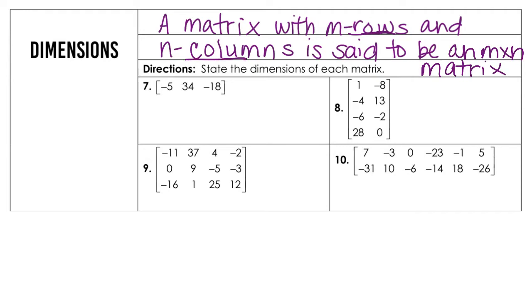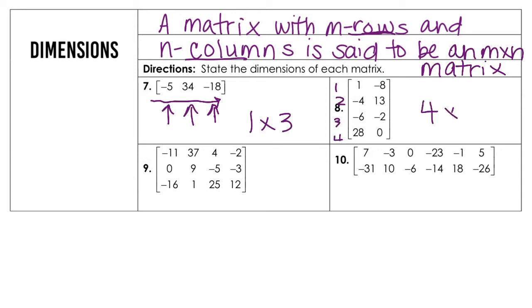So for number 7, they want us to state the dimensions of each matrix. So again, rows go long ways, and columns, those are going top to bottom there. So this is a 1 by 3 matrix. Number 8, you're going to have 1, 2, 3, 4 rows.